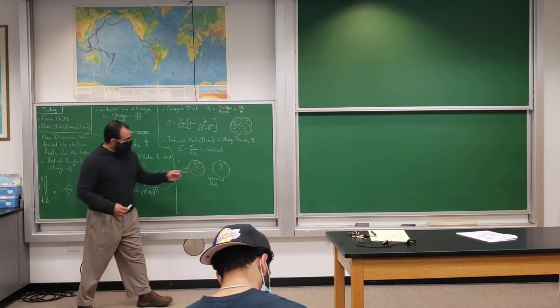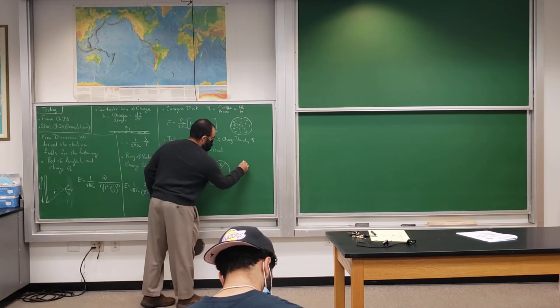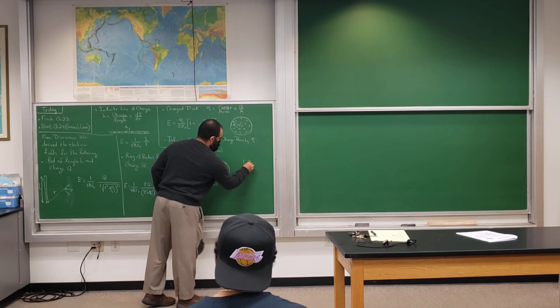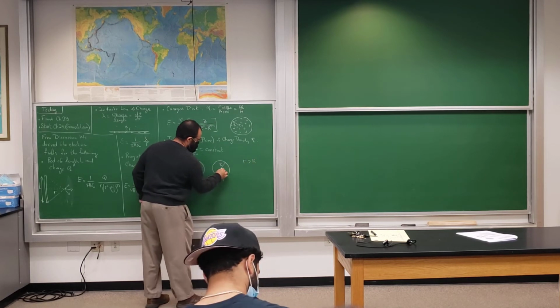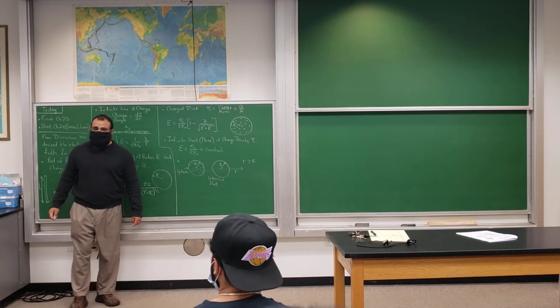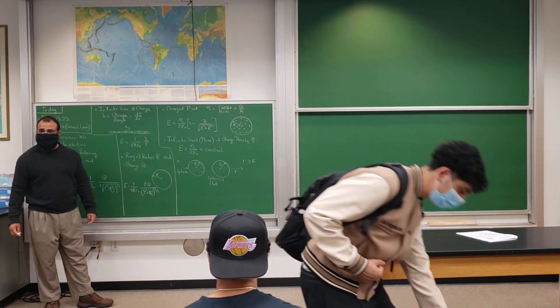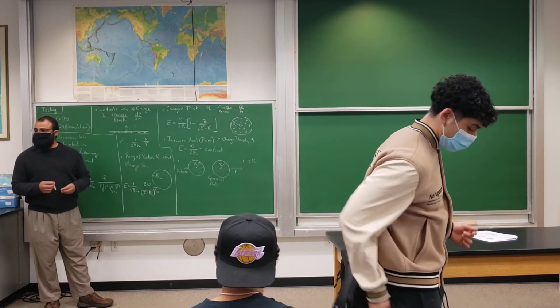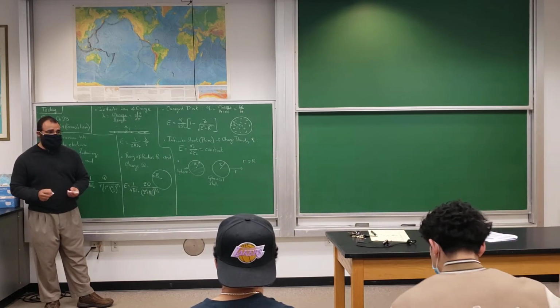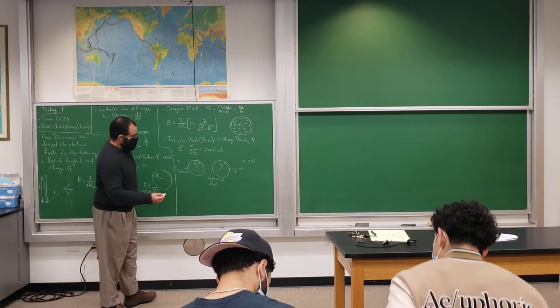Anyways, if you're outside, if r is greater than capital R, meaning you're here, you're outside, the question can be, what is the electric field there? Now here is, if you want to do this problem using direct integration, you would have to divide.